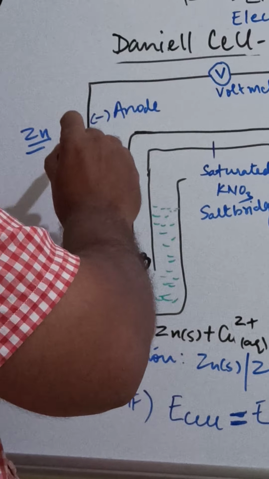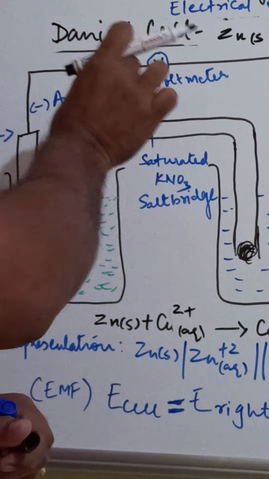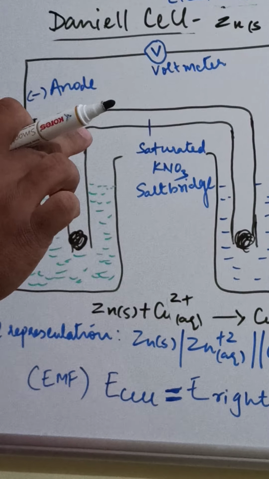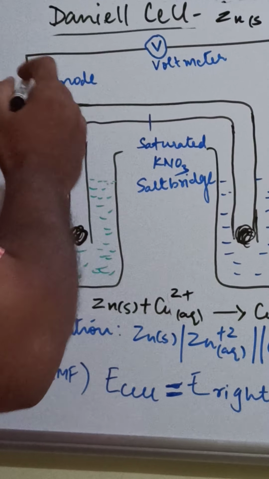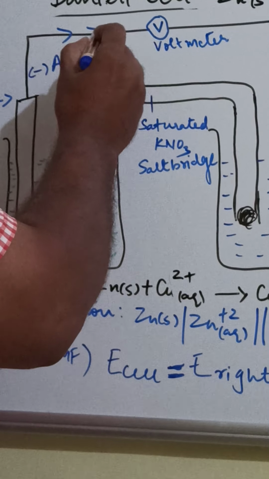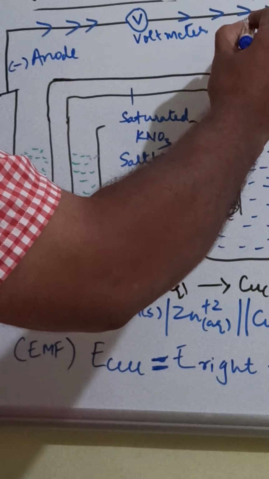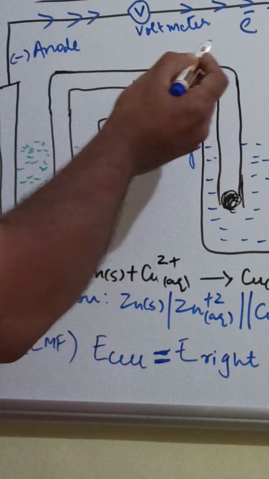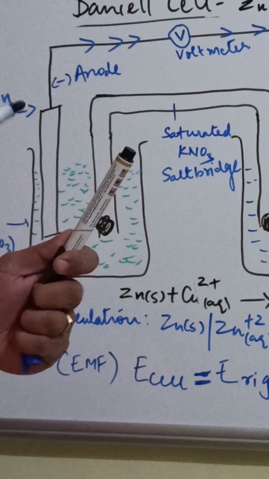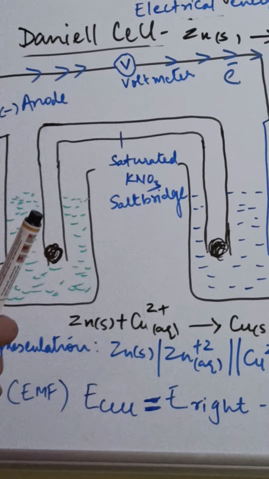Now this electron has to travel through the external circuit where voltmeter is also connected. The deflection in the voltmeter will show that the current is flowing, because the electron is traveling in this direction, that is from zinc to copper. The electrons are traveling, so the current has to travel in the opposite direction. You have already learned in your lower classes that the current will always flow in the opposite direction of the flow of electrons.